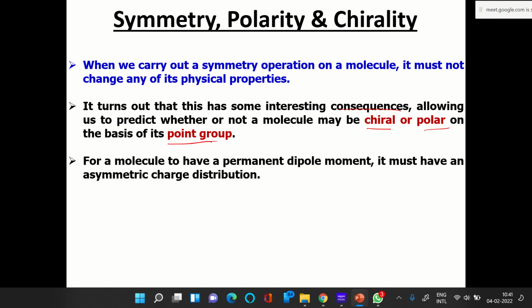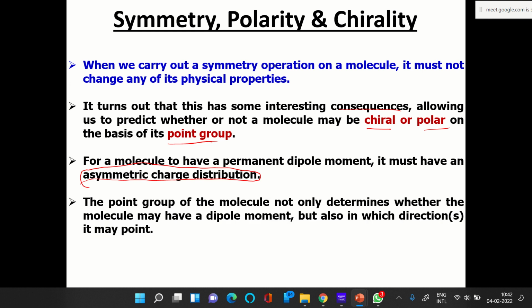When we are talking about polarity, a molecule must have a permanent dipole moment. In what conditions can they have a permanent dipole moment, that you should understand. Any asymmetric charge distribution will result in developing a dipole. Usually it is the asymmetric distribution of electrons.